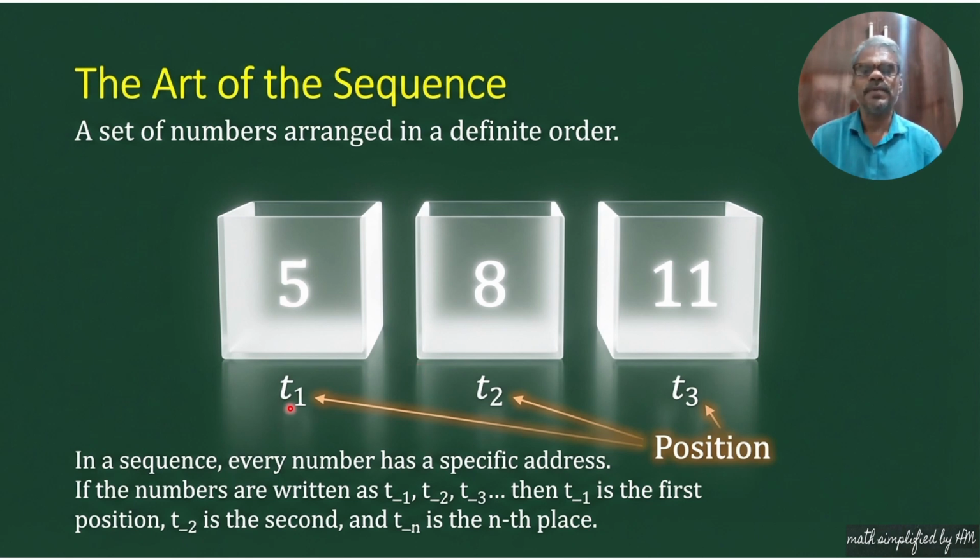We label them as T1, T2, T3. If the numbers are written as T1, T2, T3, then T1 is the first position, T2 is the second position, and Tn is the nth place.